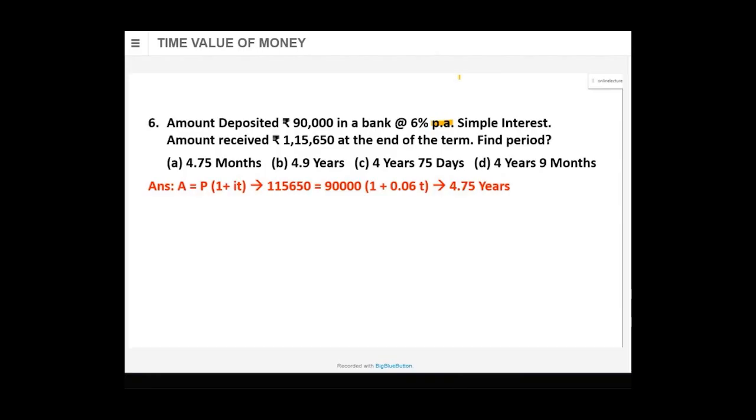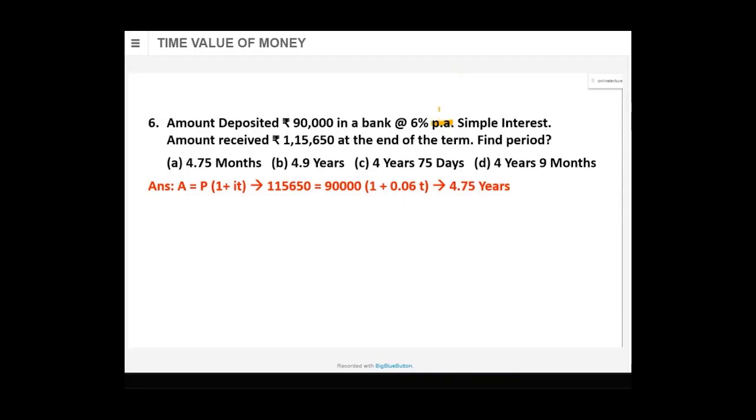What will you do on the calculator? 1,15,650 divided by 90,000. Whatever answer comes from that, minus 1, and then divided by 0.06. You'll get 4.75 years. Why did I get years? The rate of interest is per annum, so the answer will be in years.